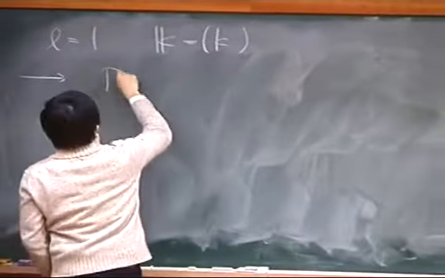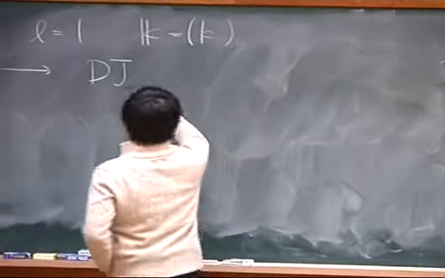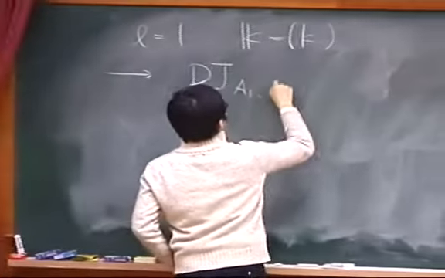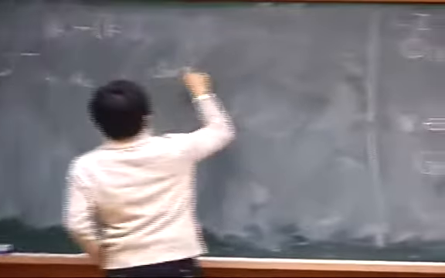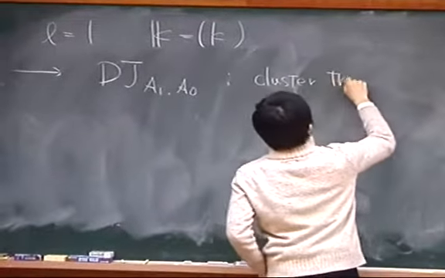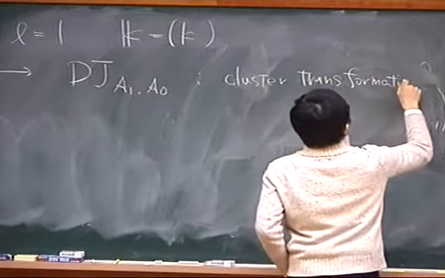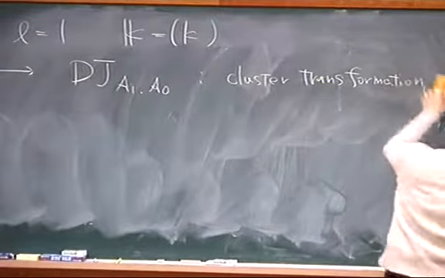And in this case, how can I write? This is the so-called cluster transformation. This was originally observed by Kontsevich and Soibelman.